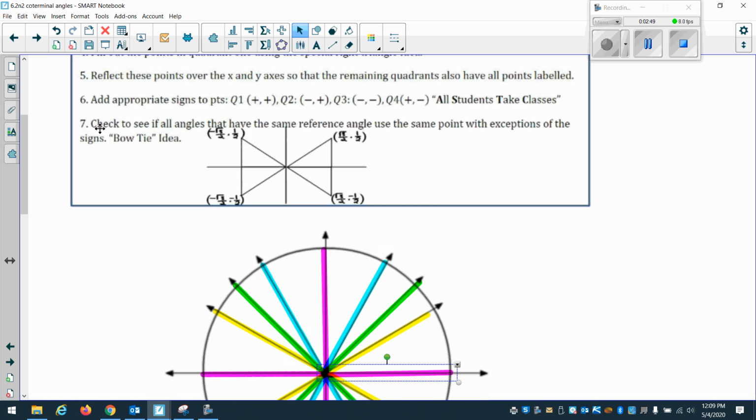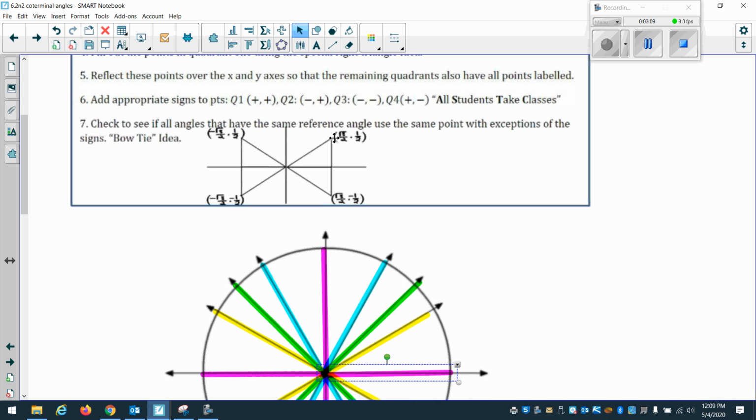And you could check to see that all angles that have the same reference angle use the same point, with exceptions of signs. So the bow tie idea, as you see in the description above. These 4 angles represent 30 degrees.